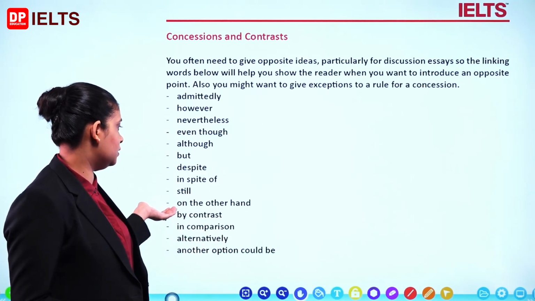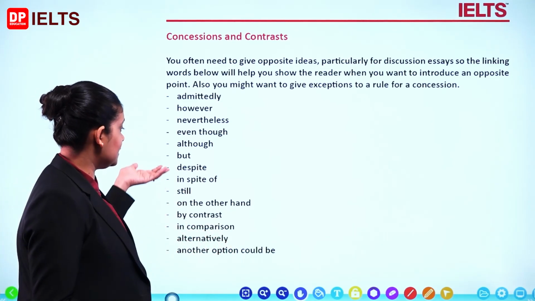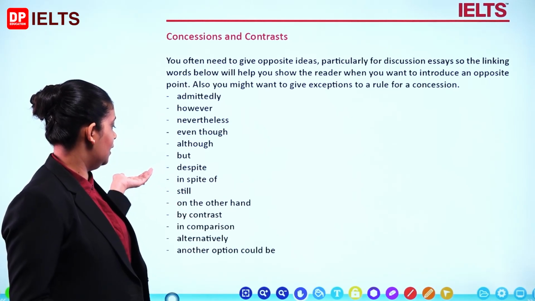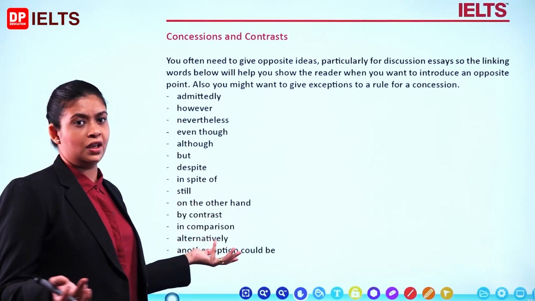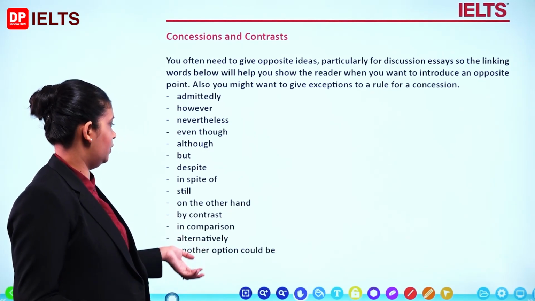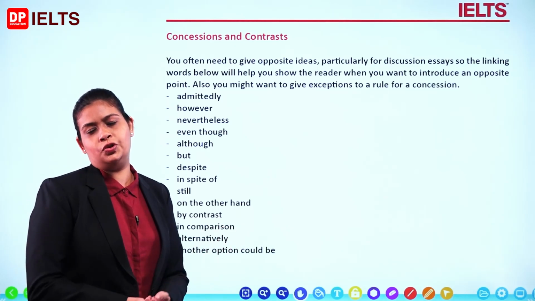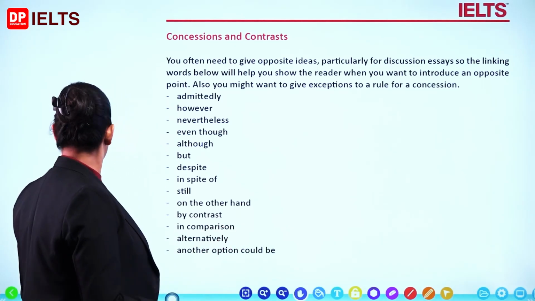However, but, so those are the common ones. Even though, despite, right? By contrast, on the other hand, alternatively, right? Nevertheless. So those are some of the words you could use, right?